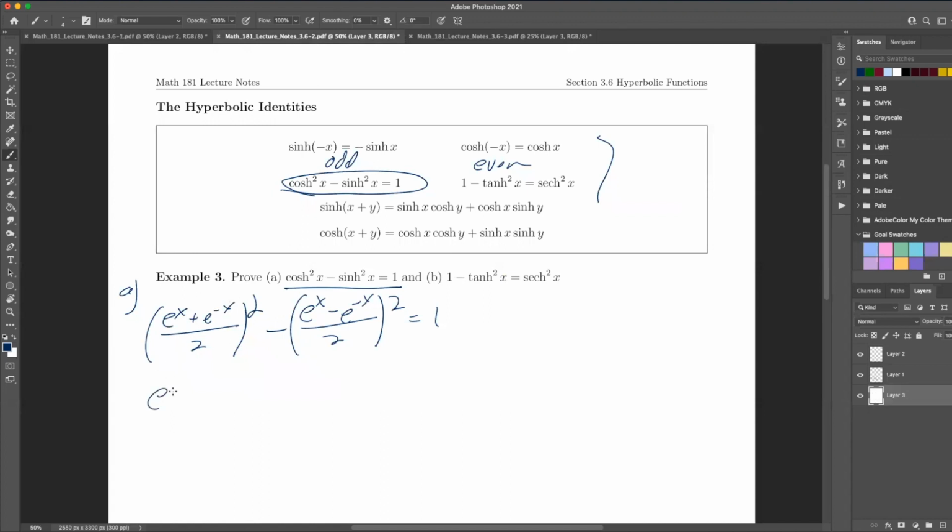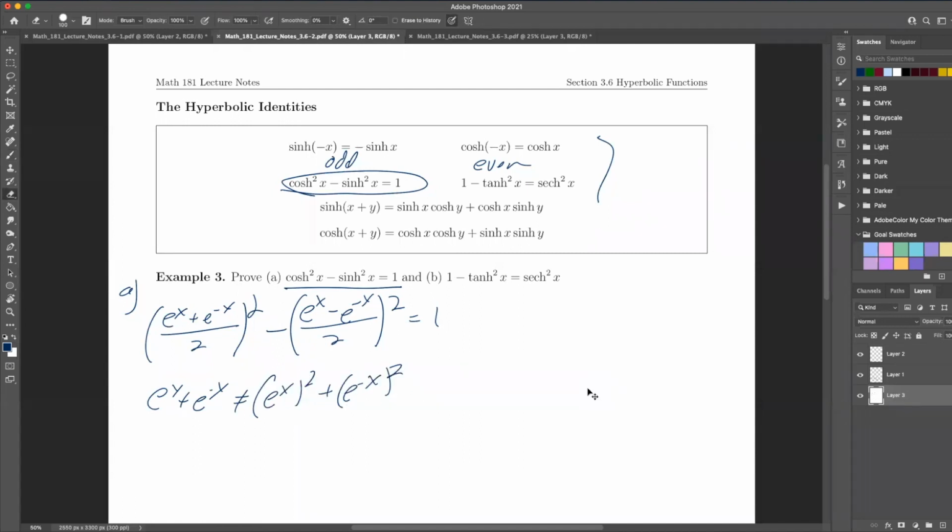e to the x plus e to the minus x, squared, does not equal e to the x squared plus e to the minus x squared, which you'd be very tempted to do. Do not do this.